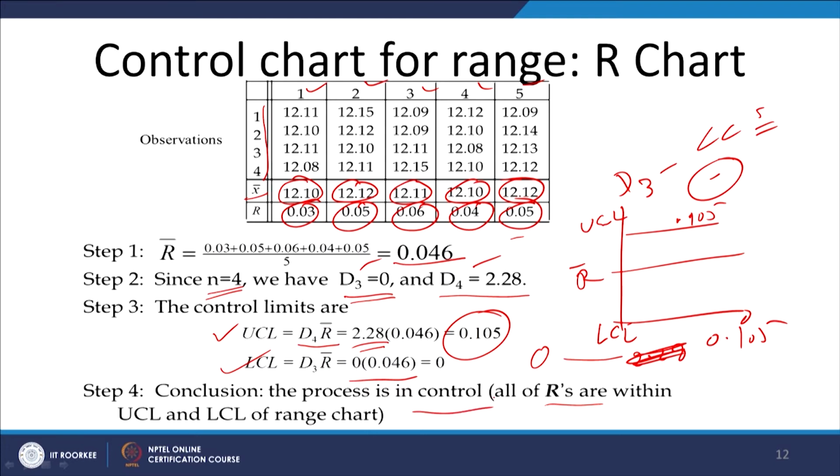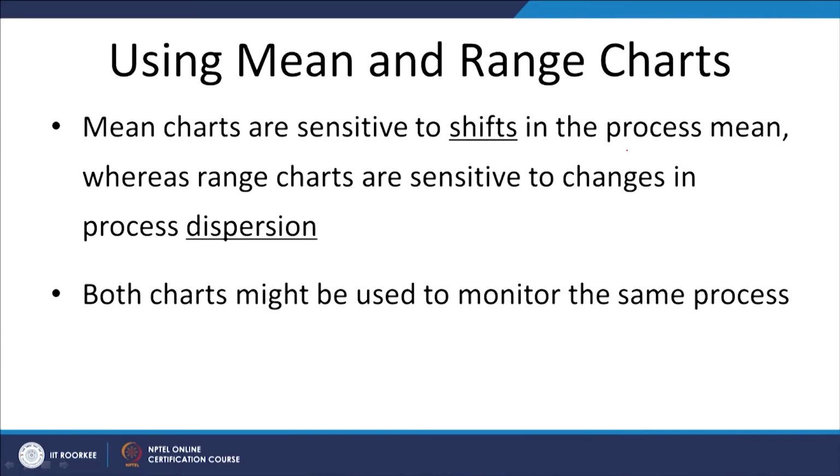But there can be very different situations. If we see just the mean control chart or just the R control chart, then we may have a misleading or incorrect inference about whether the process is under control or not. It is quite possible that the mean control chart shows the data points well within the limits, but the R control chart shows data points going beyond the acceptable limit.